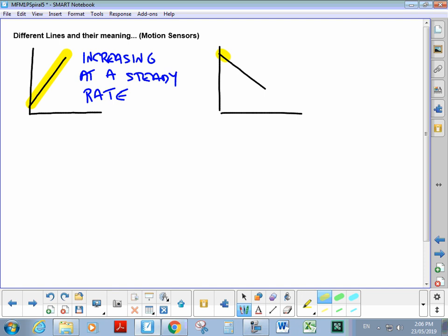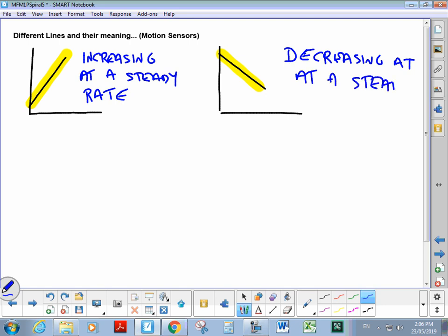Here the y value is decreasing. It's a negative relationship. So we are decreasing at a steady rate. It doesn't matter what we're talking about, speed, volume in the tub, and so on: something is decreasing at that steady rate.